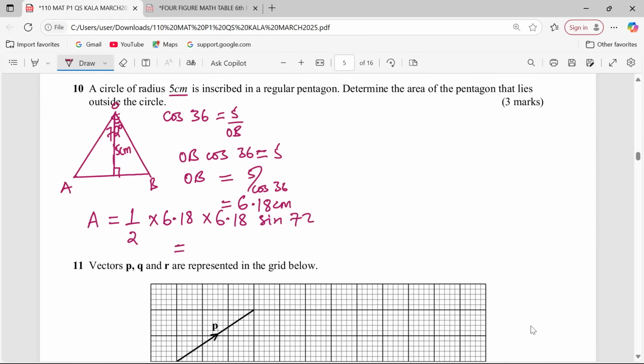And theta is the angle between the two sides. So I'm getting 18.16.